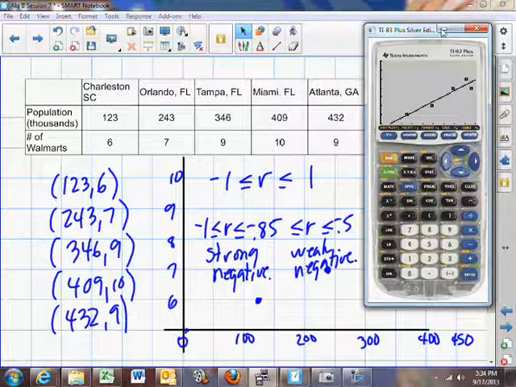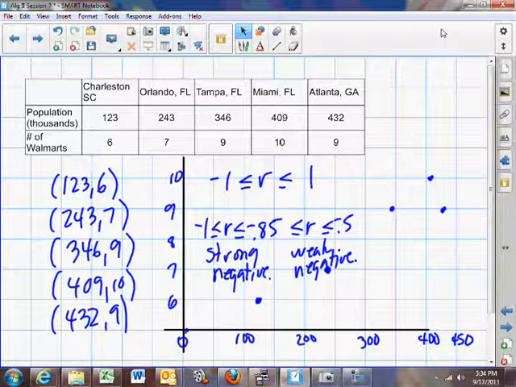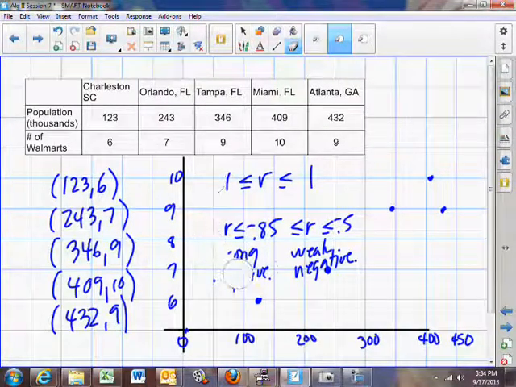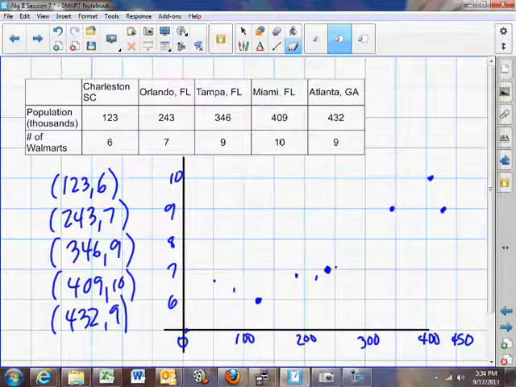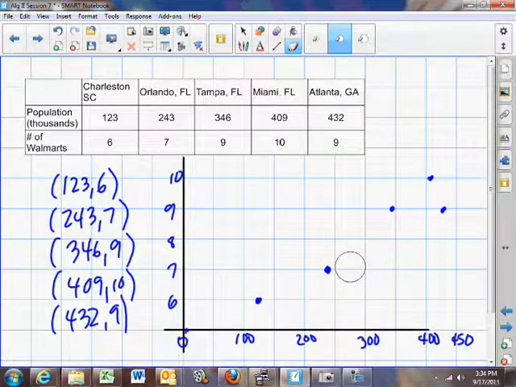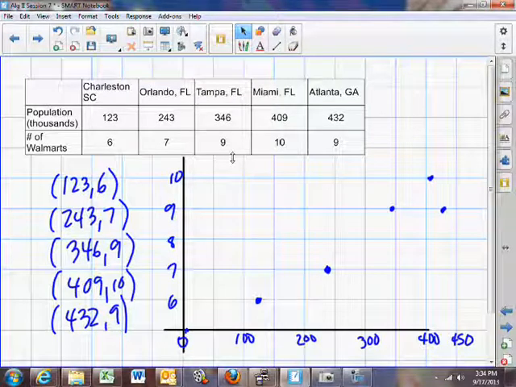Now, the question comes up: what if we go to a city that has a population of 50,000?